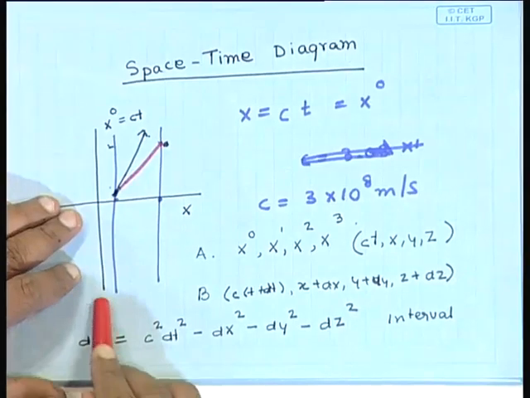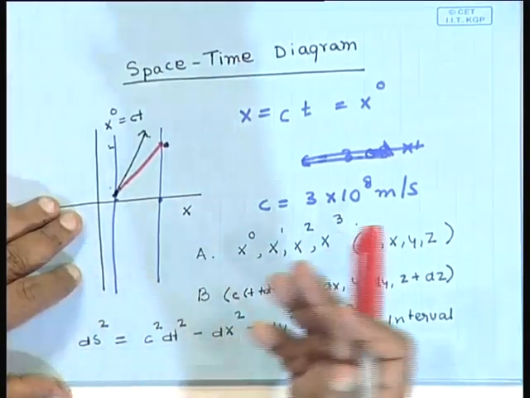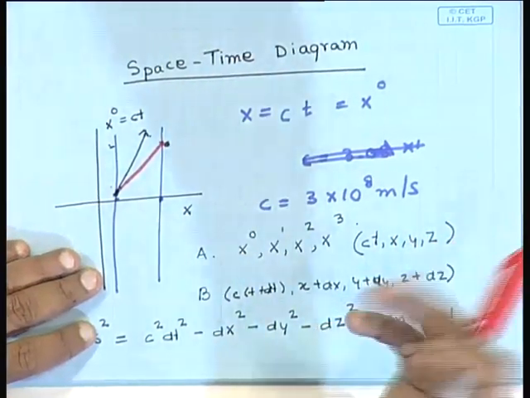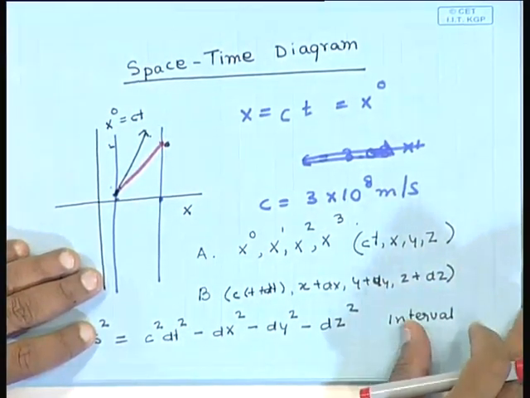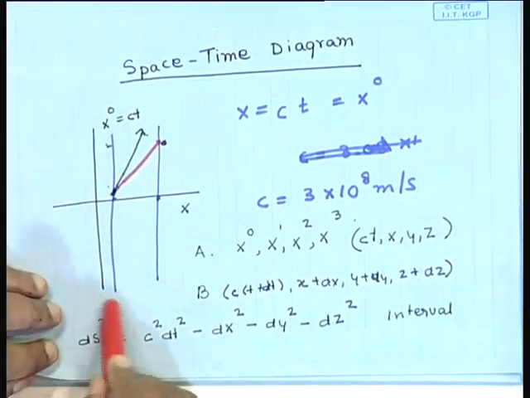Now here I am claiming that this interval plays the role of the length, it plays a role which is somewhat analogous to that of the length. Then if it is indeed so, then this must be an invariant.